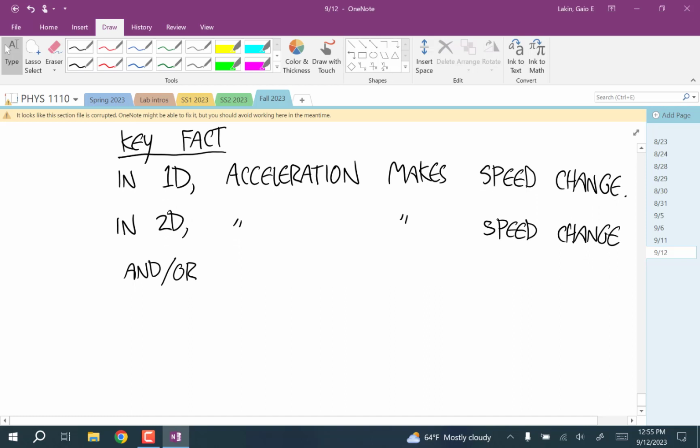In 1D, there's no such thing as turning because you're confined to go along this line. So that's a new thing that we have in 2D that we didn't have in 1D.